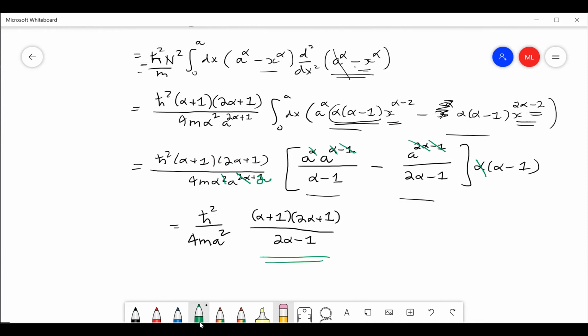Okay, so that's good. And now you just have to minimize this. This is some function of alpha. Remember, this is our expectation value of h as a function of alpha. And you just have to solve dh d alpha equal to 0. It's got a pretty simple kind of form.